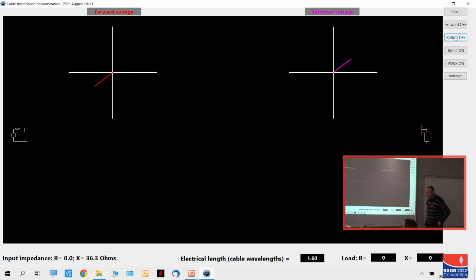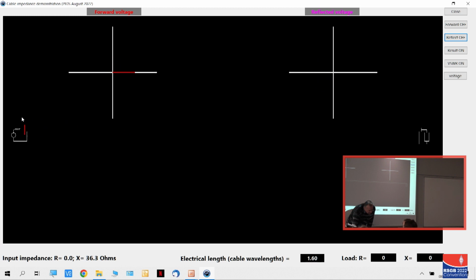And of course, as you go back down the line, the phase of this one changes with respect to this point and winds in the opposite direction, because that's how the phase is changing. So as we go back down the line, you can see we've got these two phasors representing the voltages of the forward wave and the reflected wave.